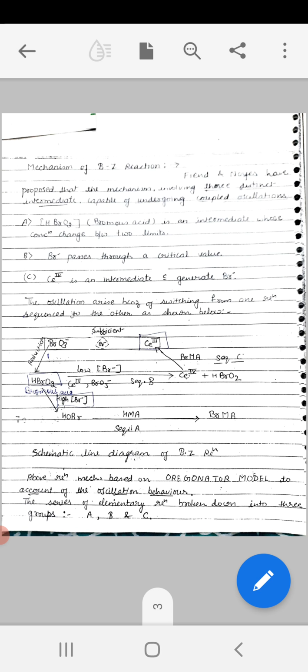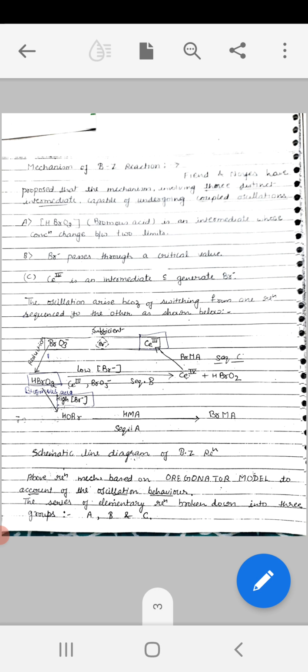First of all, the first species formed is HBrO2. It is an intermediate. This HBrO2, at low concentration of bromide, in presence of cerium-3 and BrO3-, undergoes sequence B and forms cerium-4, and HBrO2 is again generated. This cerium-4, in presence of bromomalonic acid, is sequence C, and is converted into cerium-3.